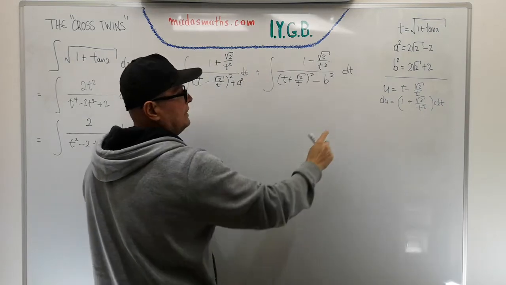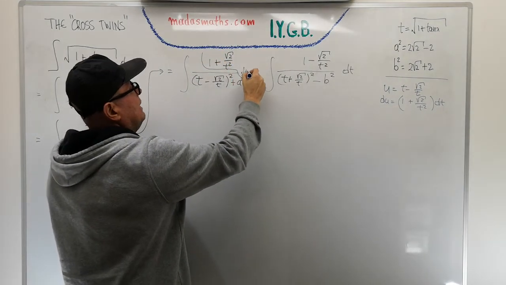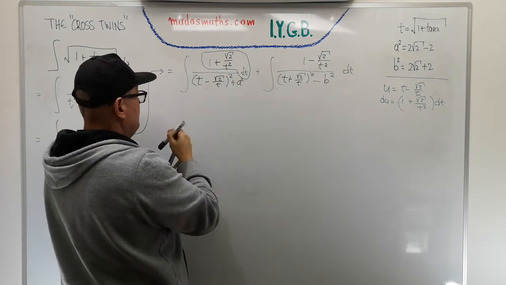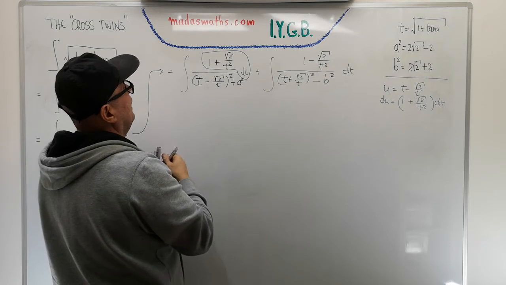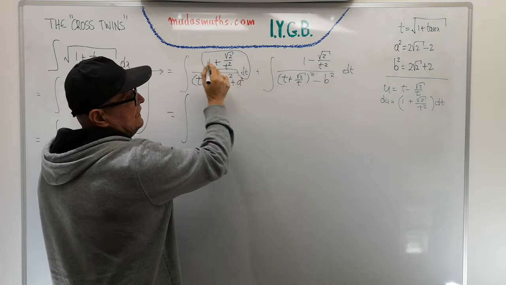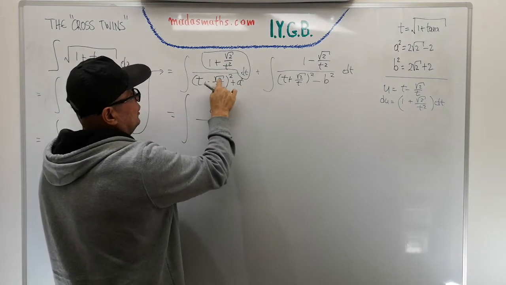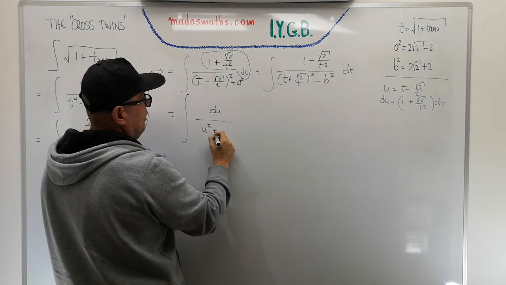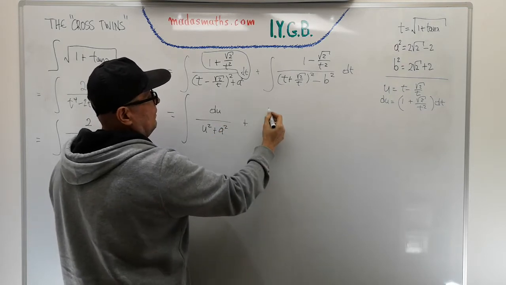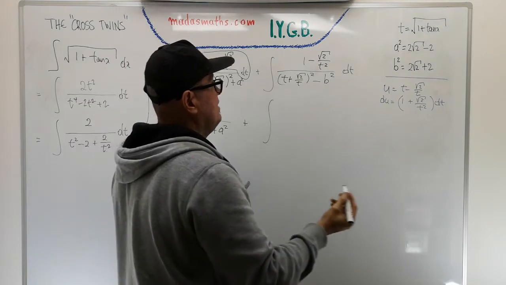And if you look at this quantity, here it is. So I'm going to go to the next line and fill this integral in so we can keep track of things. So that's still equal to, all of this is my du. I call this u, so that's u squared plus a squared, which you can see we got an arctan now. Plus, for the other integral, I'm going to use a similar substitution.